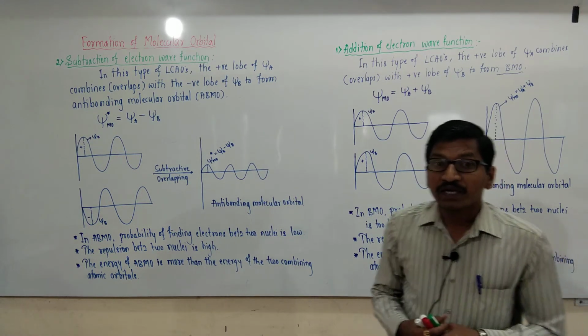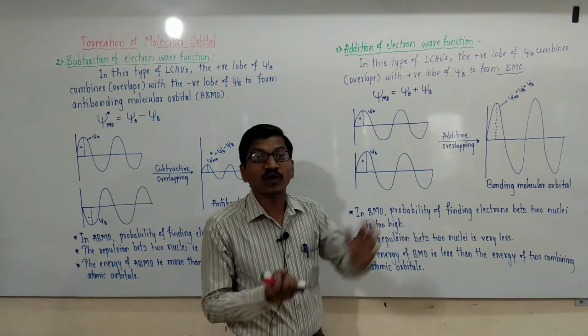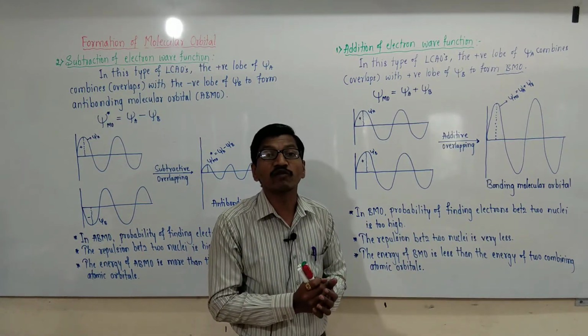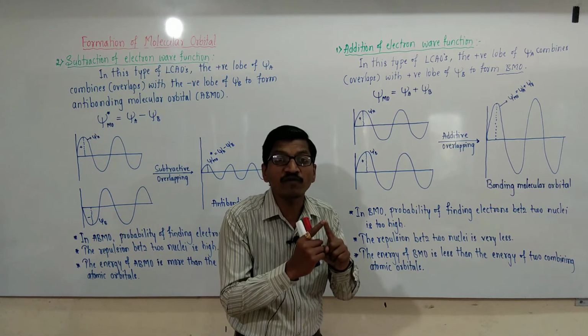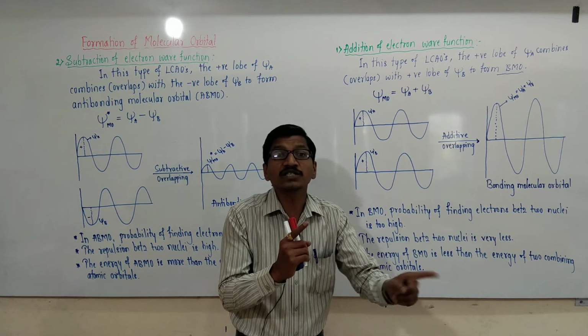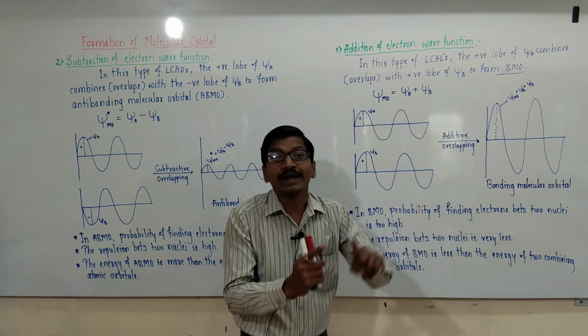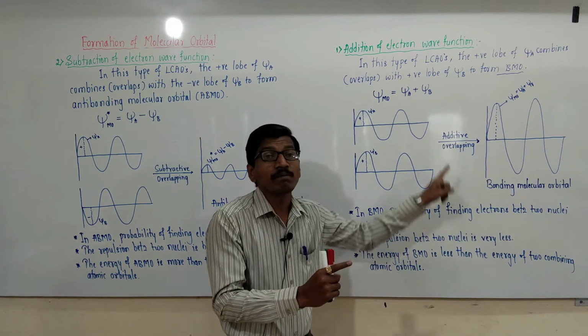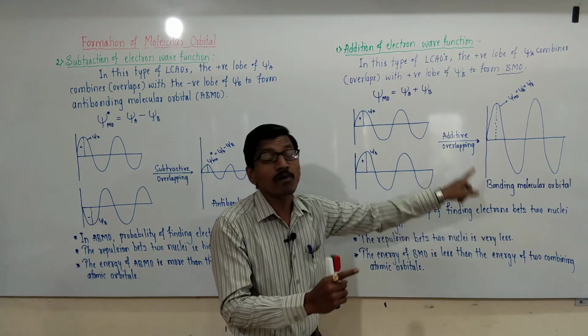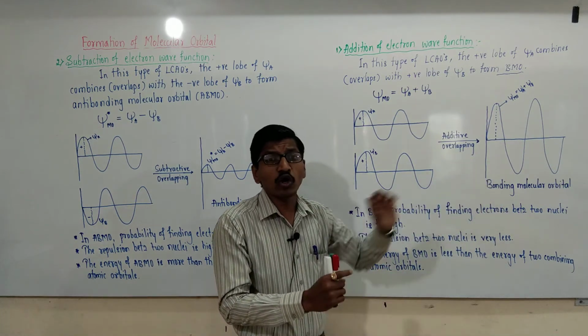In this addition of electron wave functions, this type of linear combination of atomic orbitals, the positive lobe of the electron wave function of atom A combines or overlaps with the positive lobe of the electron wave function of atom B to form a bonding molecular orbital.